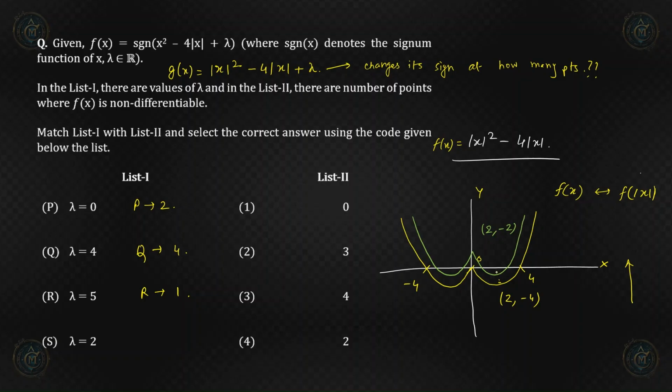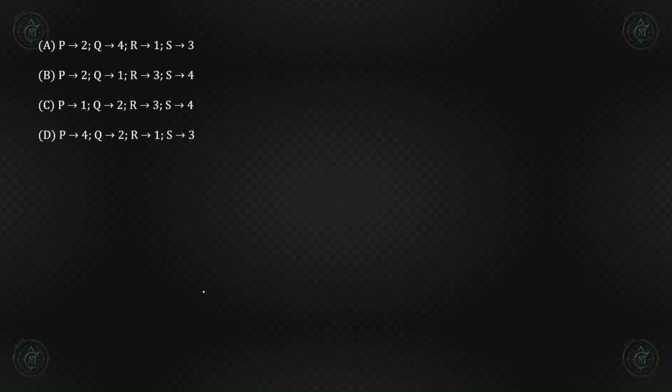Like this. So the new coordinates of this point will be 2 comma minus 2, right? So how many points are there where this graph changes its sign? We can say this point, this point, this point, and this point, right? So total we have 4 points where this graph changes its sign. So at 4 points this function will be not differentiable. So s matches with 3. So 2 4 1 3, let us find the matching. Option A will be our correct option.